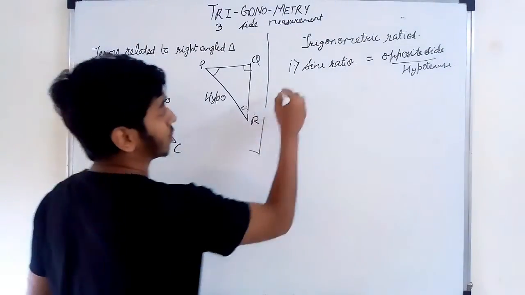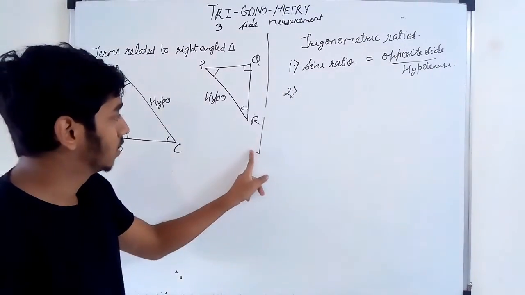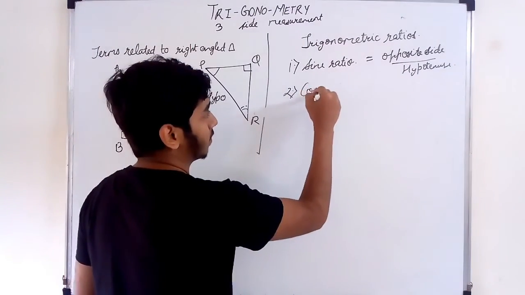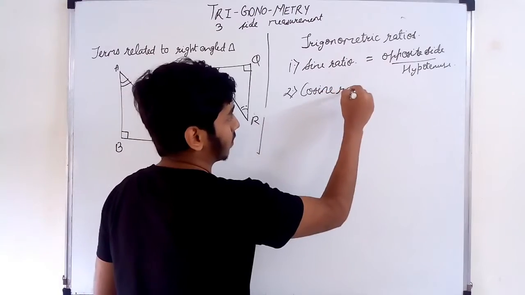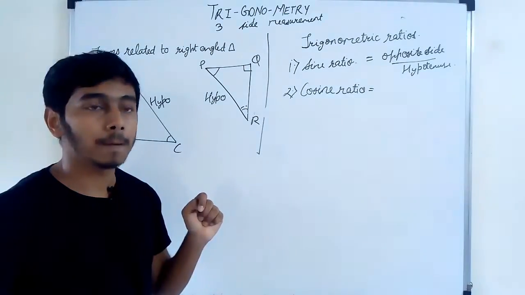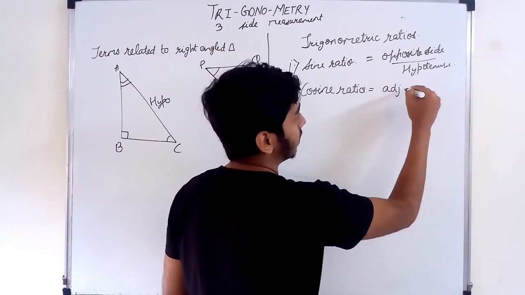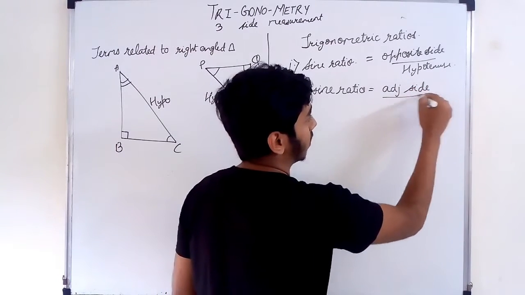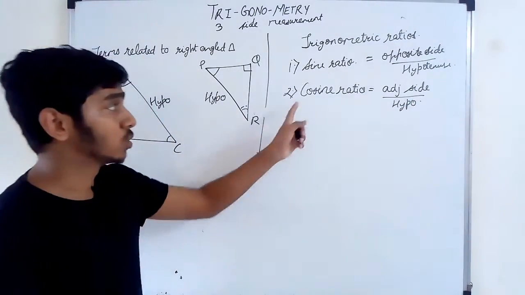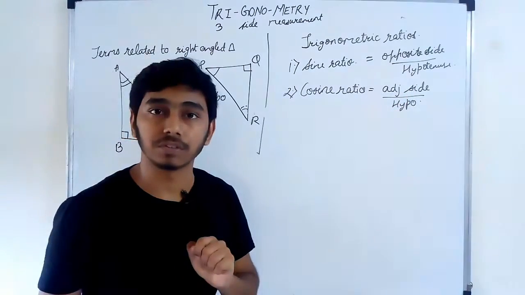Now, what is cosine? Let's write for these two same triangles, for cosine. Okay, so cosine ratio is adjacent side upon hypotenuse. So cosine ratio is, you just take the adjacent side and divide it by the hypotenuse.